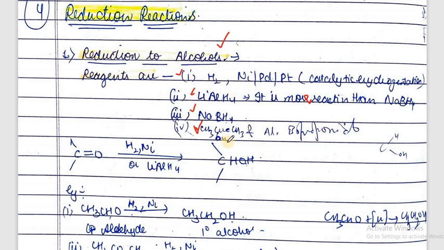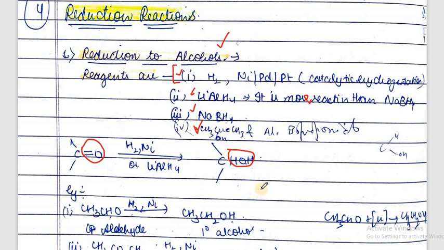In all these cases, if we use hydrogen first, aldehydes and ketones are treated with hydrogen in the presence of this catalyst, and instead of the C=O double bond, we get CHOH, that is, alcohol is formed.